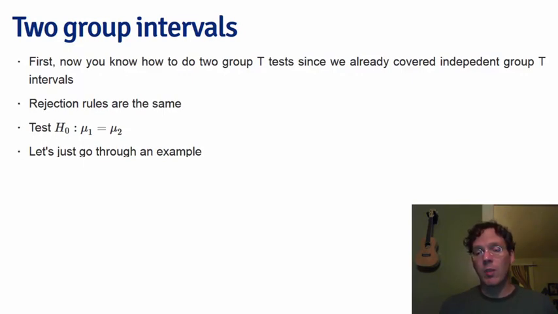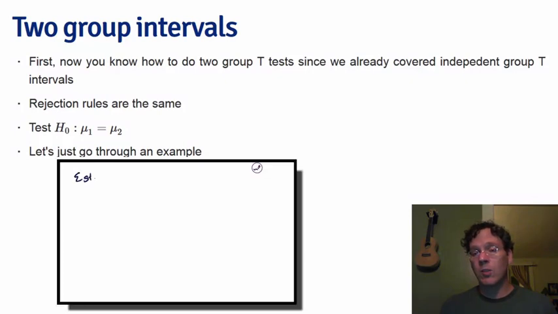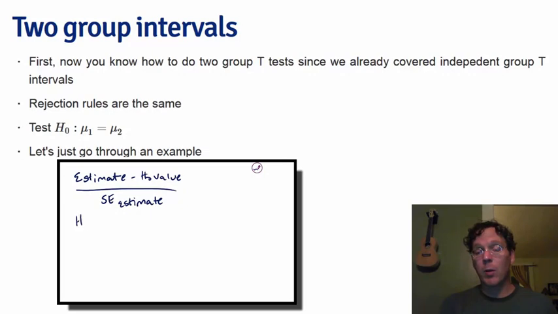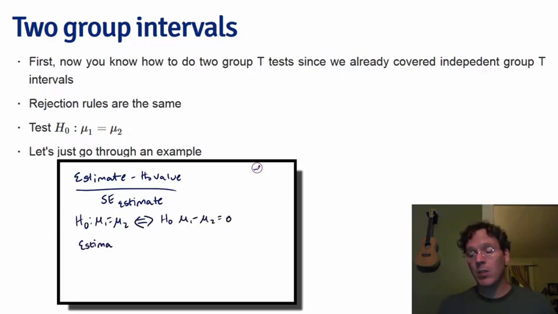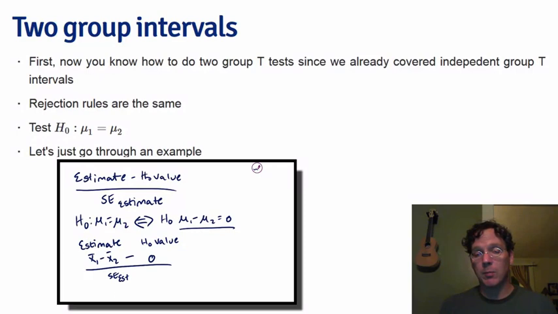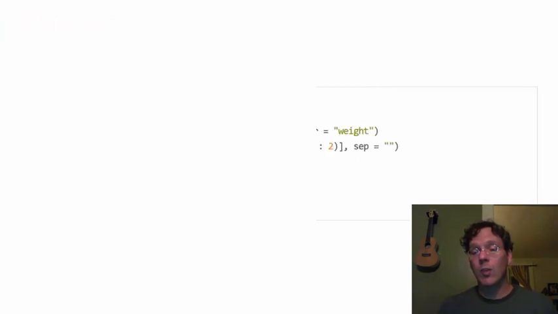We have the same set of alternatives: mu1 greater than mu2, mu1 less than mu2, versus mu1 not equal to mu2. Our test statistic will always be the same: the estimate, x bar 1 minus x bar 2, minus the hypothesized mean difference, mu1 minus mu2, which is 0, divided by the standard error. We'll go through an example to illustrate this.